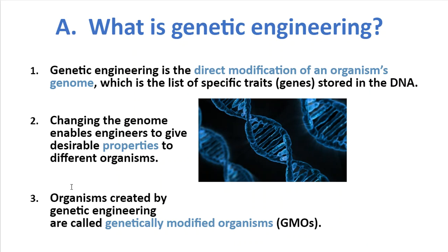With genetic engineering, changing the genome enables engineers to give desirable properties to different organisms. Organisms created by genetic engineering are called genetically modified organisms, or GMOs for short. And you'll see GMOs quite a bit.